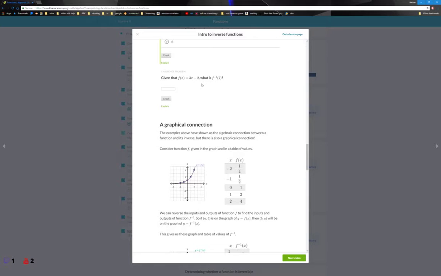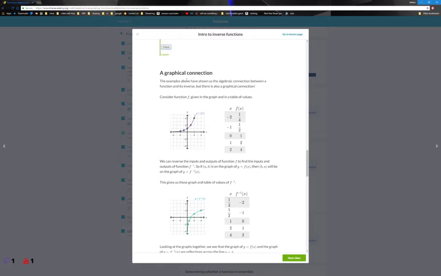So we'll replace this side with 7. If we take the 2, add it to the 7, that'd be 9. 9 divided by 3 is 3. So if we plug in 3 into this equation, we'll get 7. And if we plug in 7 into f inverse, we'll get 3.